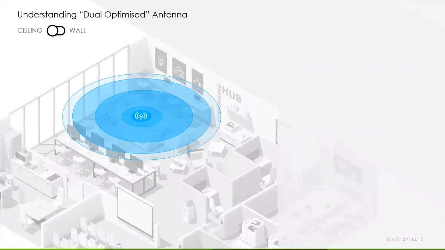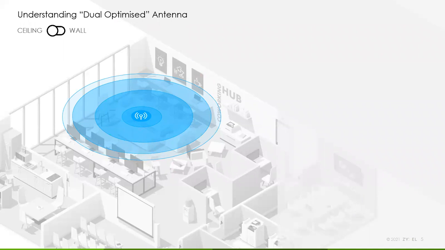So one of the technologies that you will see on us that I don't believe anyone else currently offers is dual optimized antenna. Traditionally, access points are designed to be mounted on the ceiling directly above the area to be covered, and the RF coverage area radiates out in roughly a circular pattern. You'll often see this referred to as umbrella coverage.